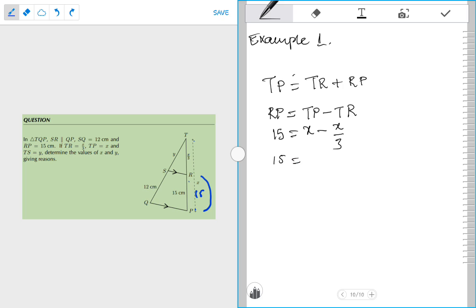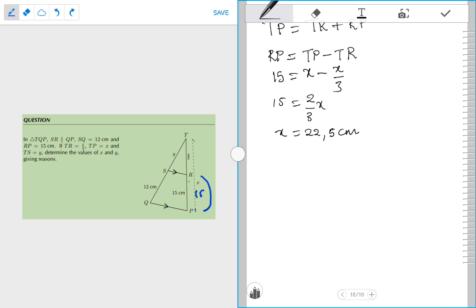Okay, therefore we say 15 is equals to 2 over 3x, cross multiply, and then we'll get that the answer x is equals to 22.5 centimeters. Mind you, the units were given in terms of centimeters. We are solving for x and y. So now we clearly know that x is 22.5.